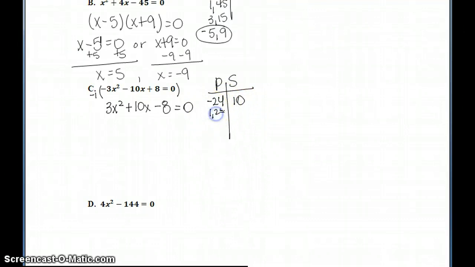I have 1 and 24, 2 and 12, 3 and 8, and 4 and 6. And 4 and 6 looks pretty good. But I have to also think about this. 4 and 6 will add to give me 10, but two positives won't give me negative 24, and two negatives won't give me positive 10.